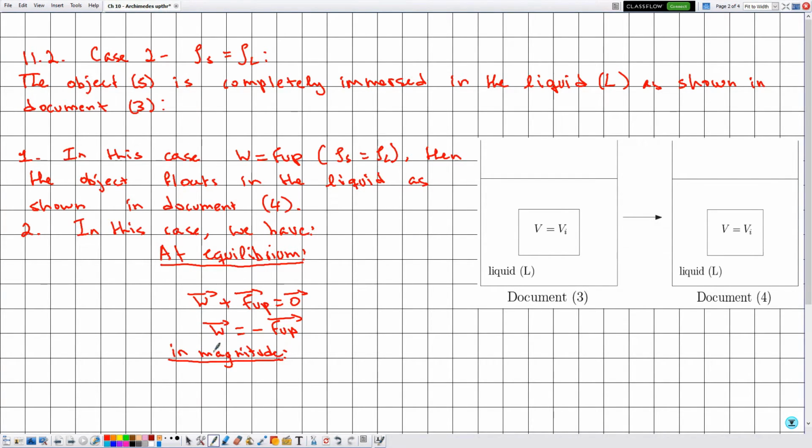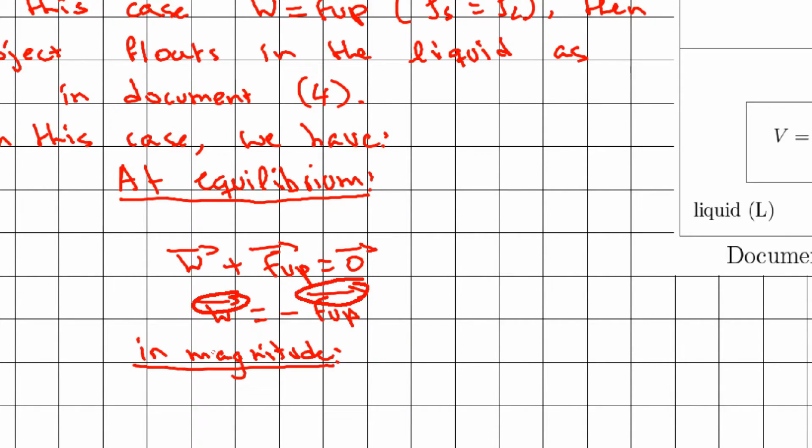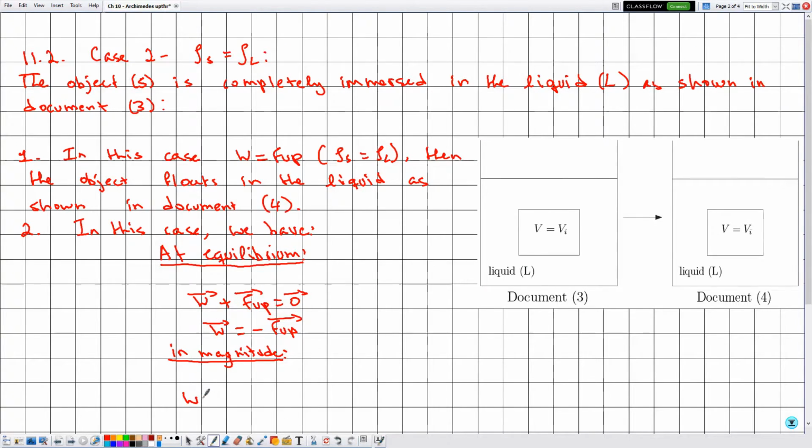So now dropping down the vectors and removing the minus sign, we have that W is equal to F upthrust, and for sure this weight is the real weight as we have done in the first case. So what does W represent? It's given by M multiplied by G. The value of F upthrust can be determined from the following formula, and in this case the apparent weight is given by the real weight minus F upthrust, which is 0 because W and F upthrust are equal in magnitude.